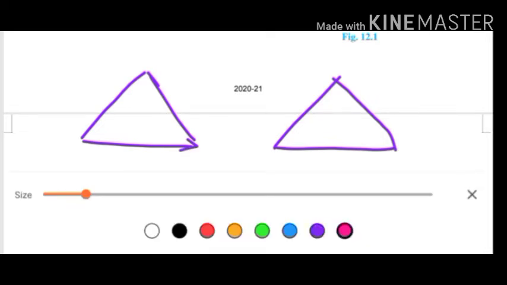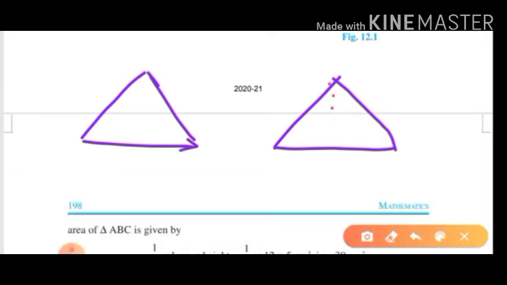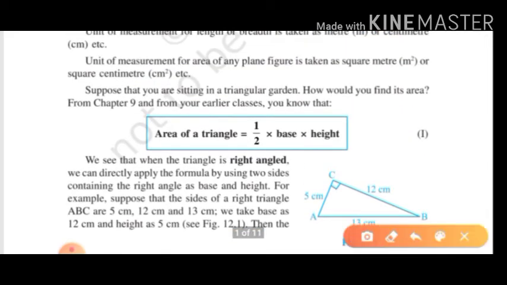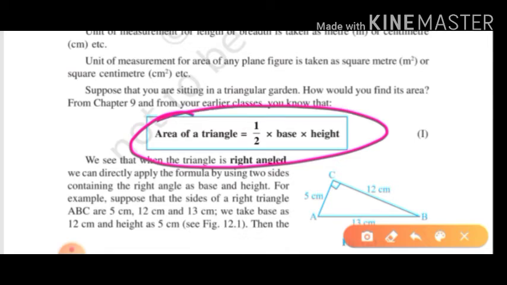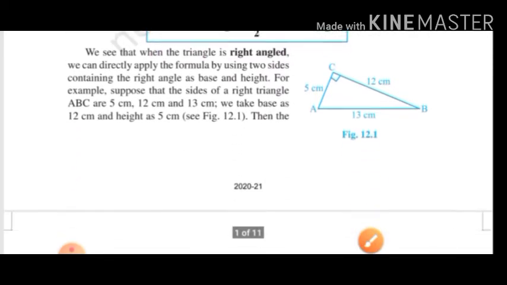So what we generally do is draw a perpendicular from the vertex like this, and then we try to find the base and the height, and then we use the formula, area of a triangle equal to half into base into height.